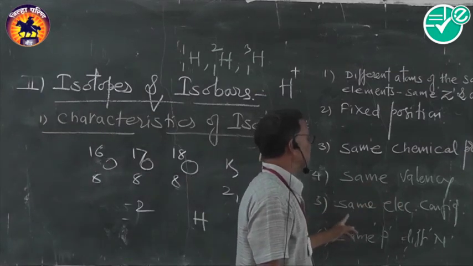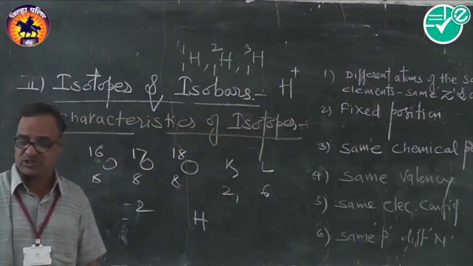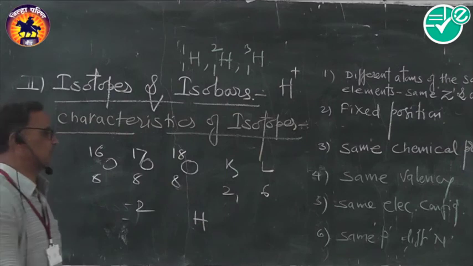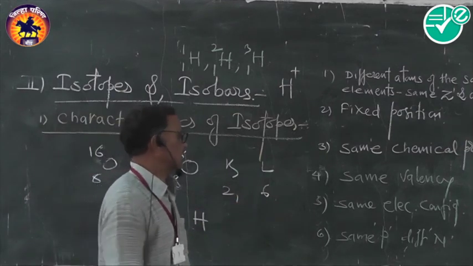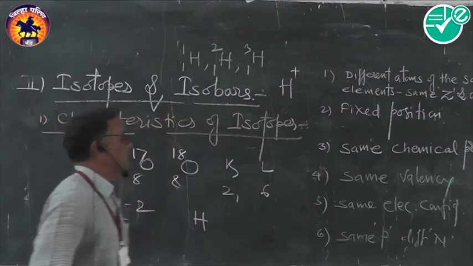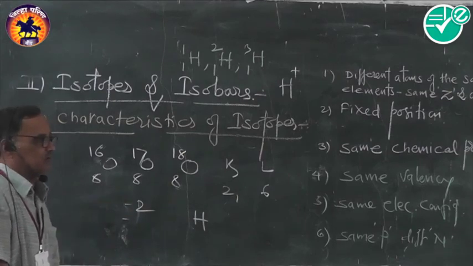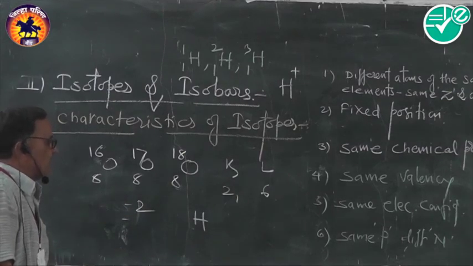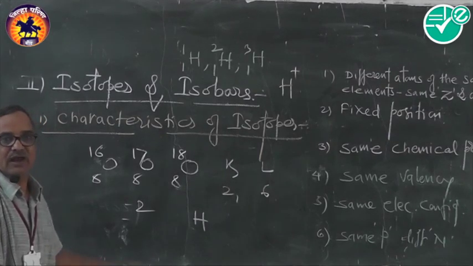Isotopes also show the same electronic configuration, which totally depends upon the atomic number of an element. And finally, isotopes contain the same number of protons because they have the same atomic number, and different numbers of neutrons because they have different atomic mass.